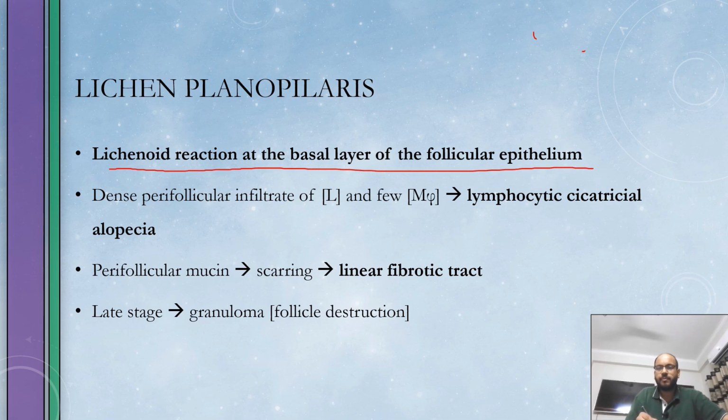So let's say this is the dermoepidermal junction and this is the follicle, okay, and you have a hair shaft here. The infiltrate is surrounding the follicles, okay, perifollicular infiltrate.